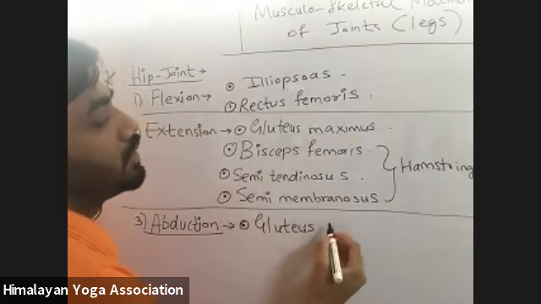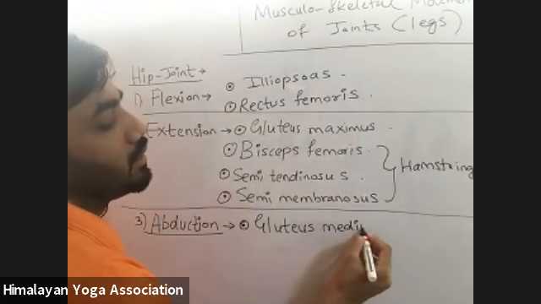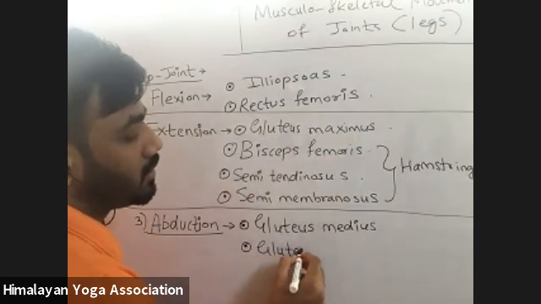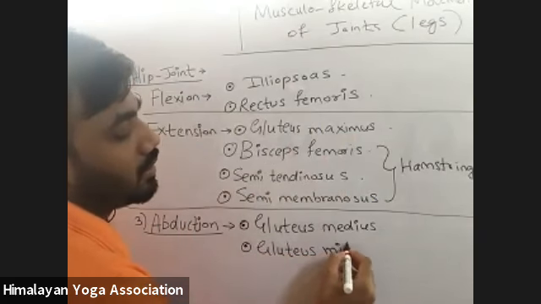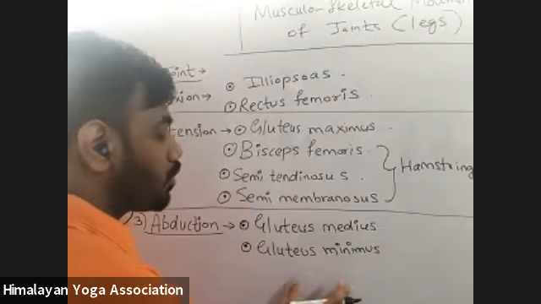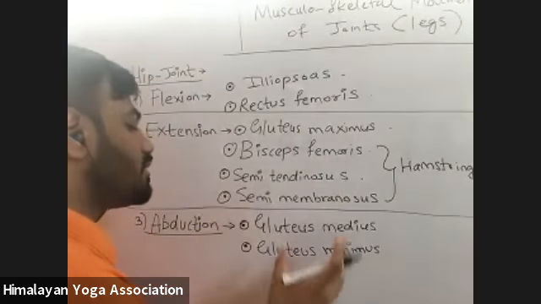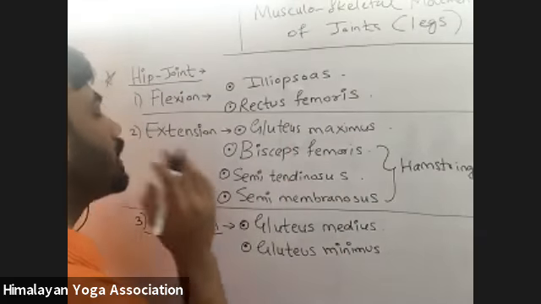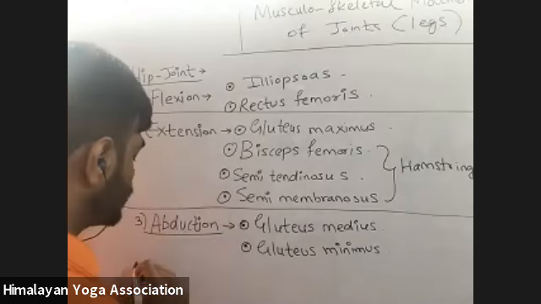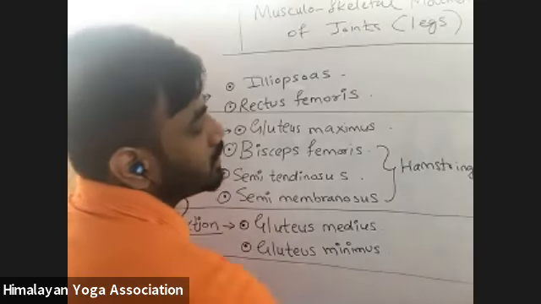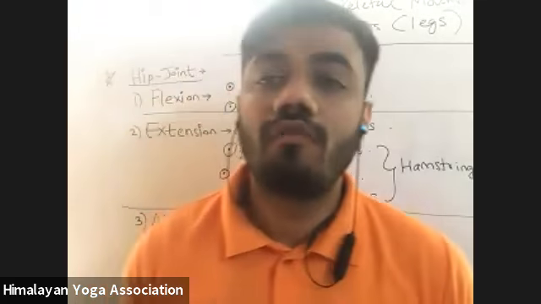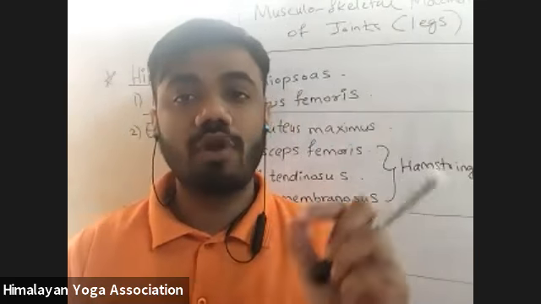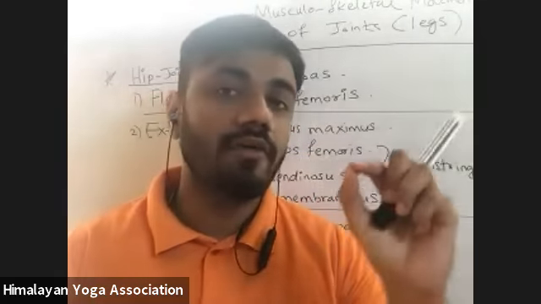we engage the gluteus medius and gluteus minimus. They are the major group of muscles which allow the abduction movement in our hip joint. The gluteus medius and gluteus minimus originate from our pelvis and end up in our femur.